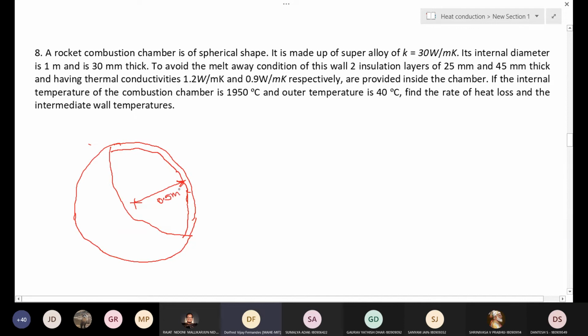What about the outer radius? The thickness is 30 millimeters, so the outer radius should be 0.53 meter.